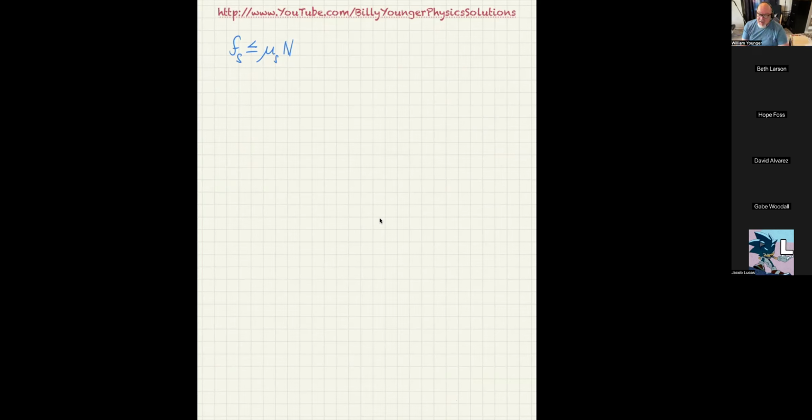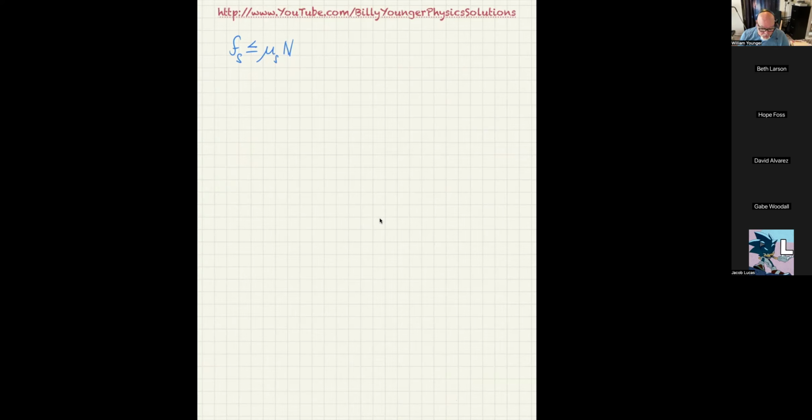But notice by saying the static friction force is less than or equal to mu static times the normal force, that allows whatever force you apply to the calculator, for instance, you allow that friction force to exactly meet that force up to some maximum.